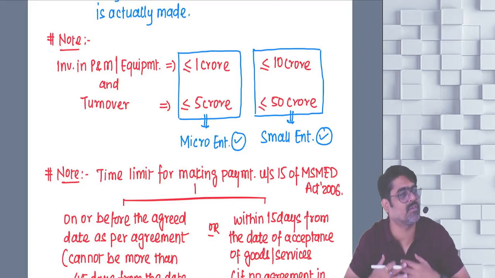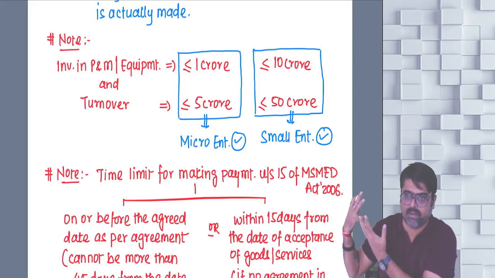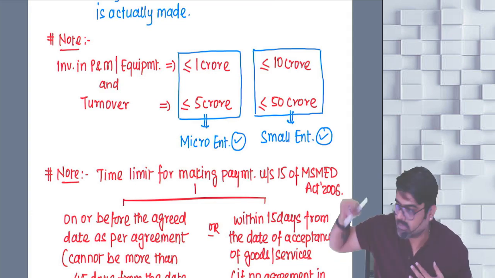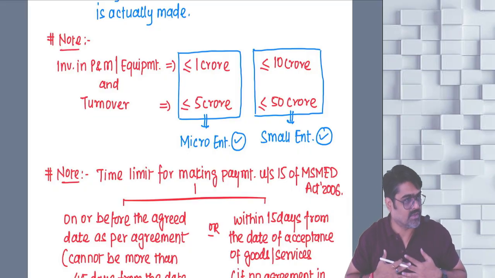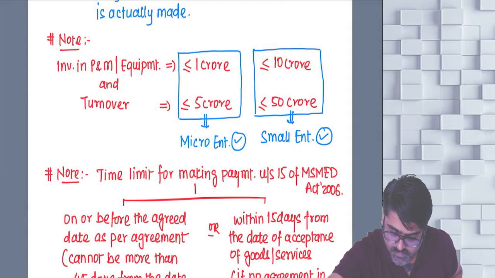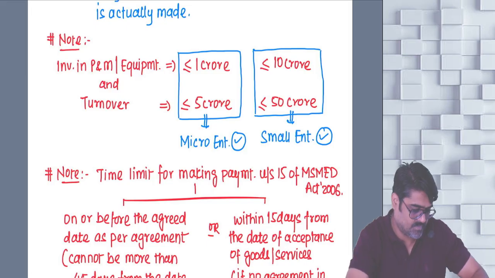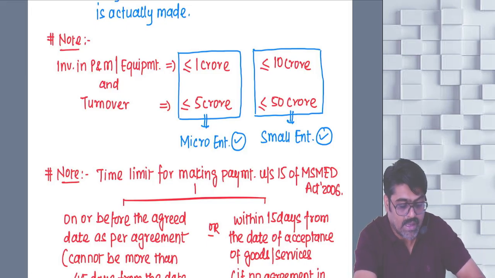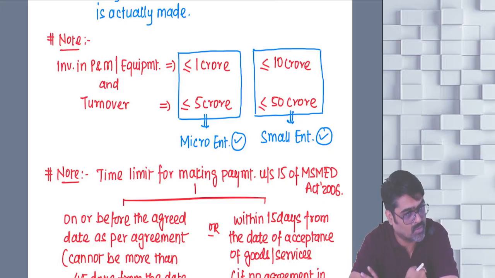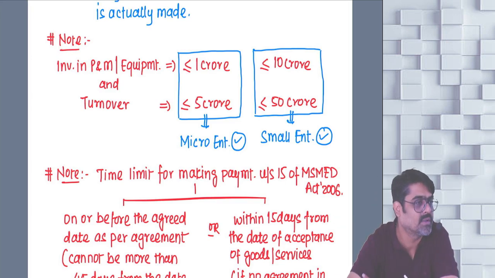For example, there is a big company buying goods or services from these types of enterprises. So I am an assessee, a very big company. What am I doing? I am buying goods or services from a micro or small enterprise. For me, it is an expense, and for this enterprise it is income.